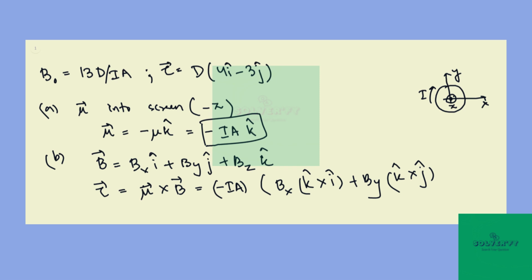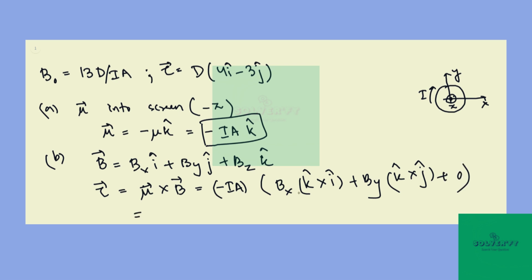Because the cross product of a vector with itself is basically 0, because the directions are parallel, so they're in the same direction, so that is 0.